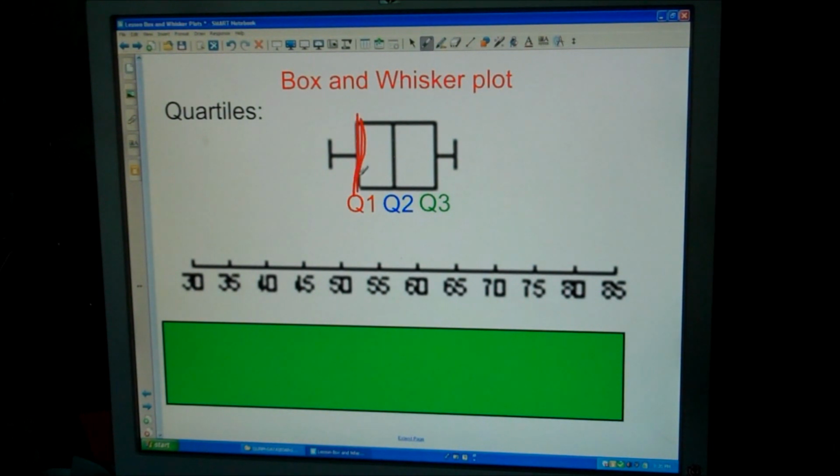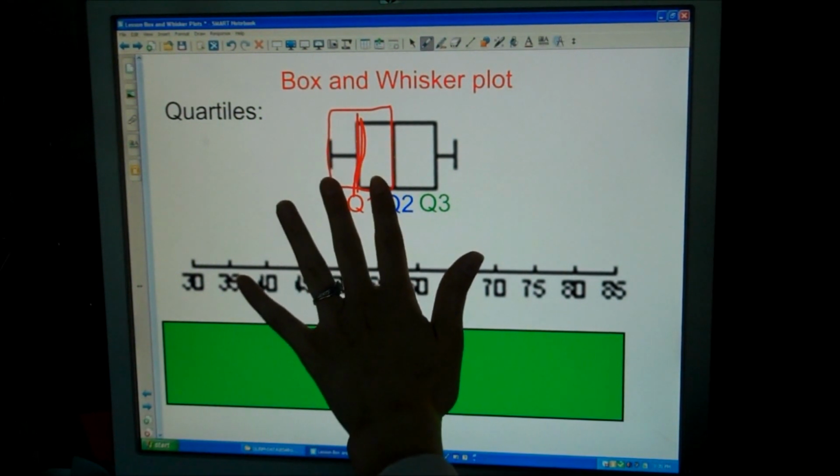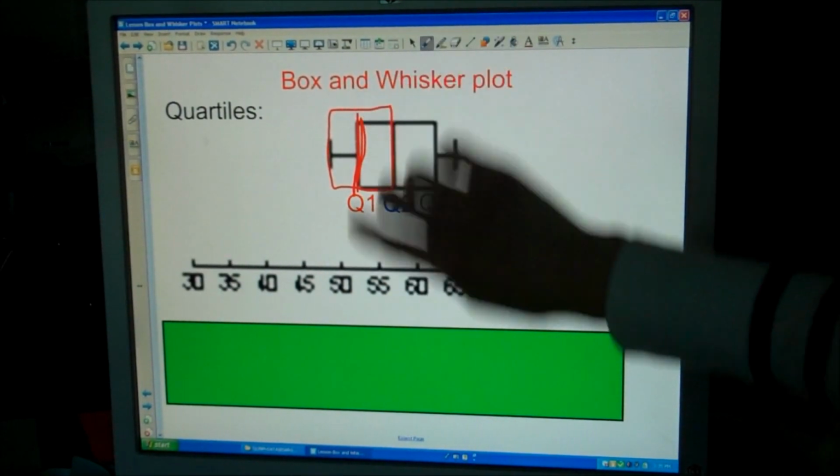So this is quartile 1. And what that means is it's the middle of the first half of the data. Right here. So quartile 1 is the middle of the first half of the data. So look at that. I have half of the data over here, and quartile 1 is in the middle.